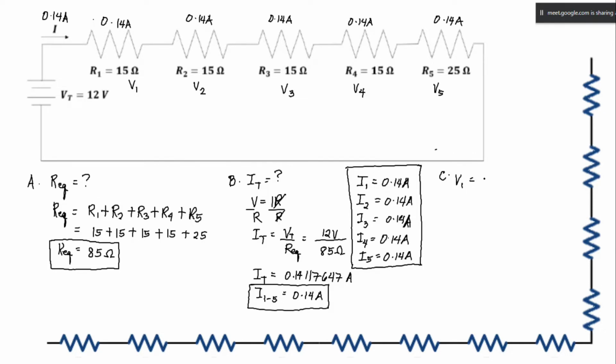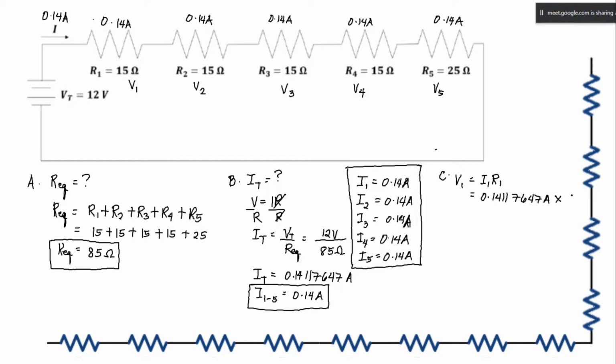So, ang V sub 1, may formula siya na I sub 1 times R sub 1. Substitution, I sub 1, that is 0.14117647 amperes. So, kailangan complete yung actual na value na pinakita ni calculator sa inyo kasi nga po, we are still in the solution process.